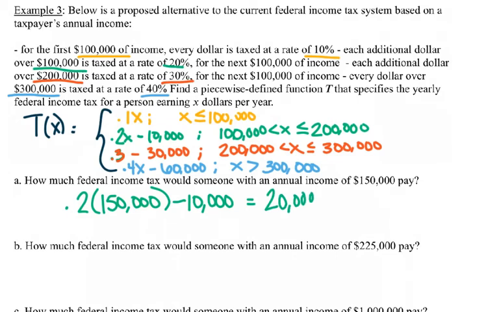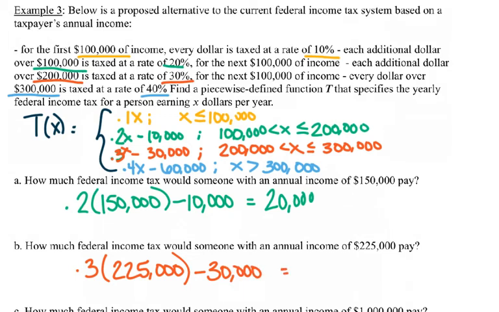Try part B. Try that in 1, 2, 3. Part B falls into the red category. I just realized I didn't put an X right there, sorry. I would plug that number in for X and subtract 30,000.